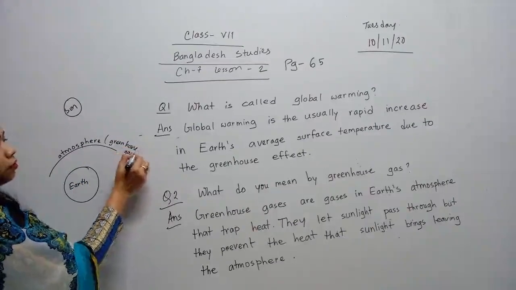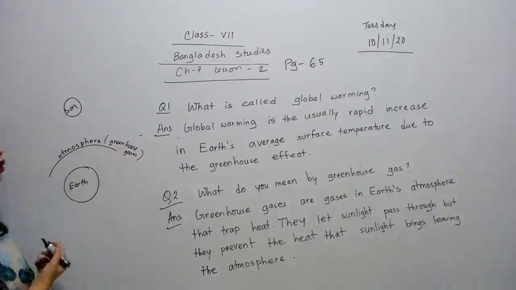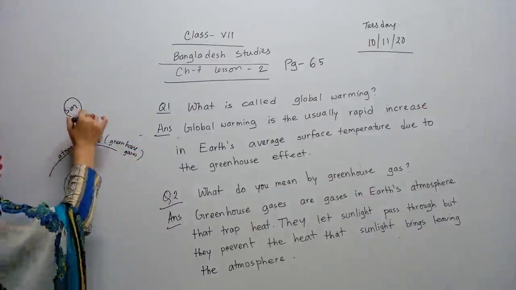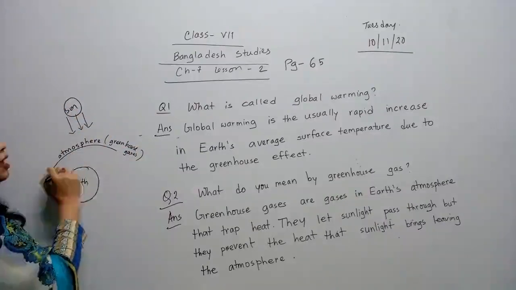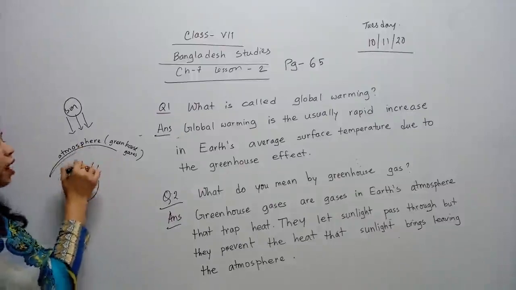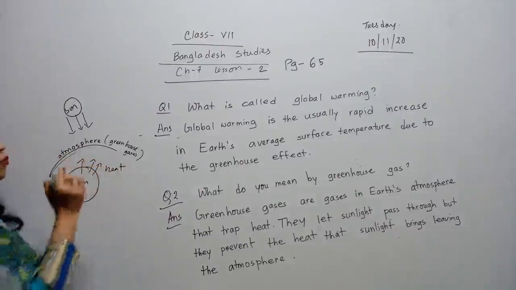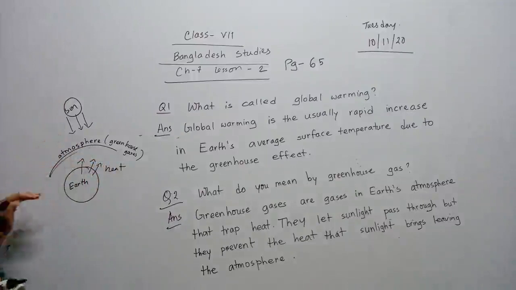Greenhouse gases present in our atmosphere. So when the sun's heat or the ray is falling on it, this atmosphere traps heat. When the heat from our Earth goes up, it also gets trapped over here, and when the heat from the sun comes, it also gets trapped over here.